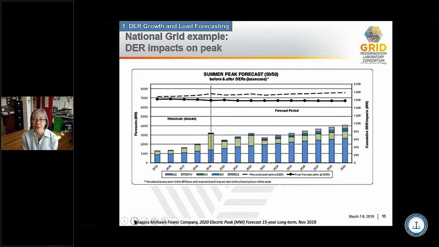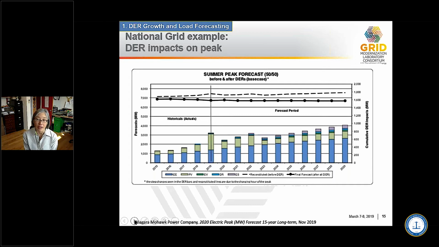So this slide shows the load forecast and the DER forecast. So again, they've broken it down to energy efficiency in blue, PVs in green, electric vehicles, a little sliver of green on top. There's a little sliver of blue on top, which is demand response, and a little sliver of purple, which is storage. So the dashed line on top is showing that if you don't account for DERs, you're expecting 0.2% load growth.